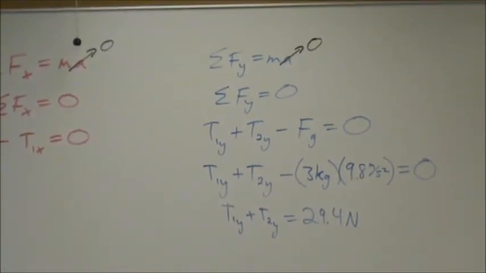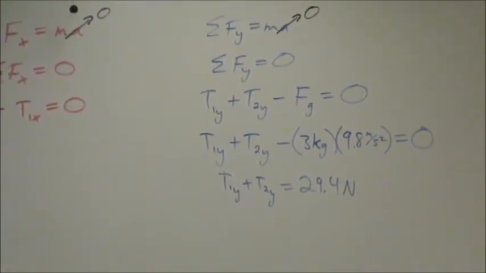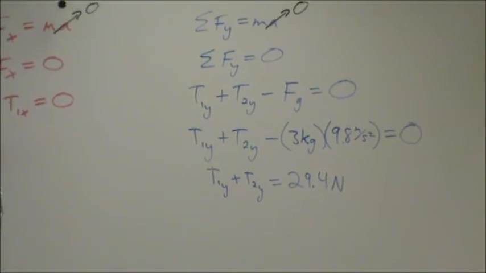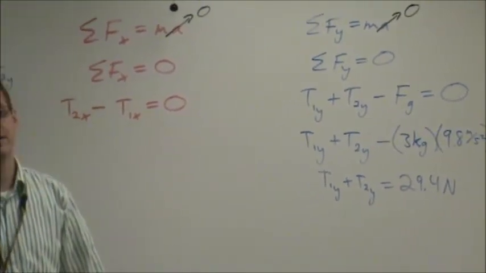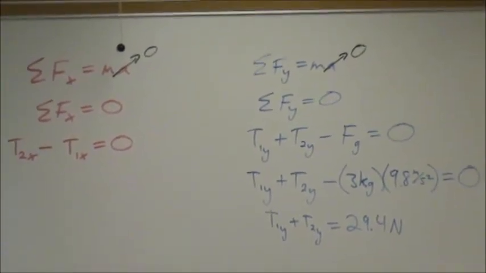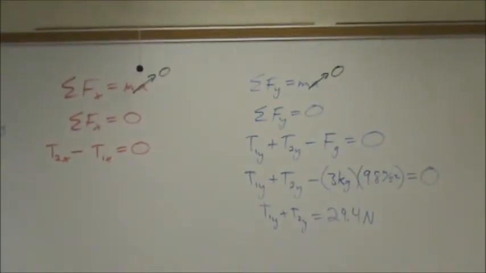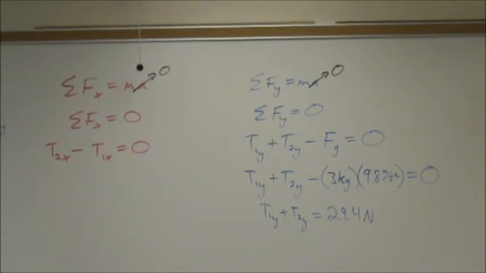That's good, we just made progress. We went from 2 equations and 5 unknowns to 2 equations and 4 unknowns. Still not solvable in its present state. But we're making progress. Now Annika says something about these angles have to be included, but I've got nothing but a 45 and 60 over here.